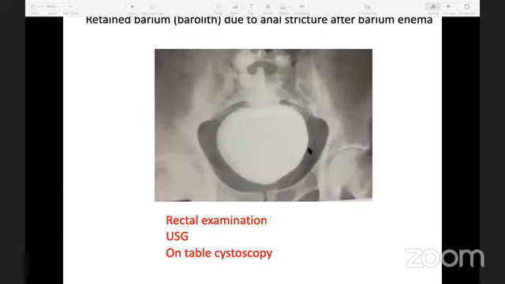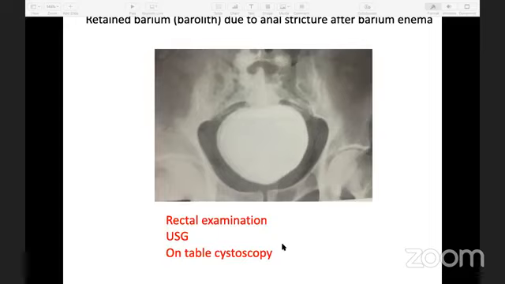This is retained barium due to anal stricture, very much simulating a large bladder stone. In such cases, rectal examination, ultrasound, and on-table scopy are mandatory before opening the bladder. I have found squamous cell carcinoma associated with large stones.